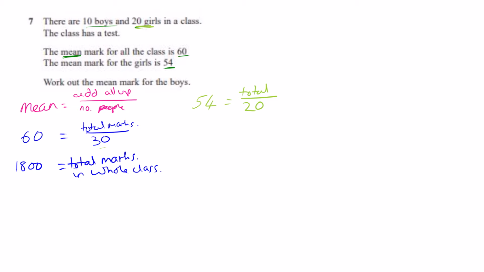So here again, to find the total marks, we're going to multiply both sides by 20. So that is 1,080. Let's double check. So that's total marks for the girls.